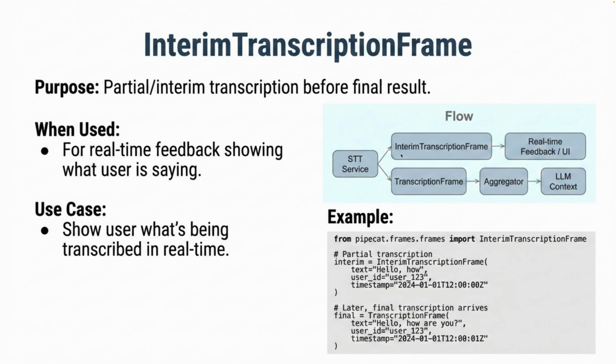And once it is done, we create the full transcription frame and send it to the aggregator and LLM context. So you can see an interim transcription frame would somewhat look like this: hello, how, and then there will be another interim transcription frame which will grow like that. And this is a full transcription frame. So this is the interim transcription frame.